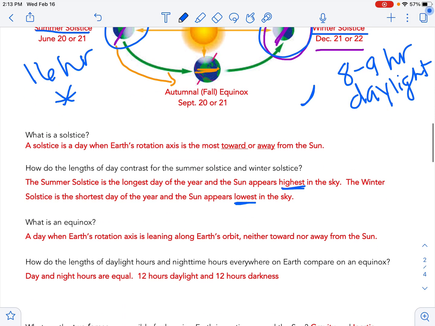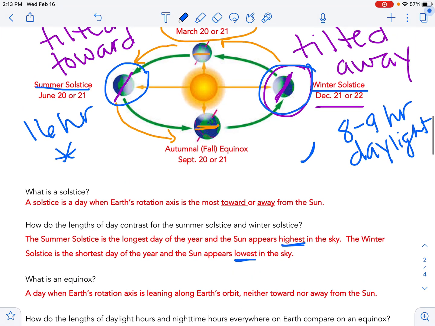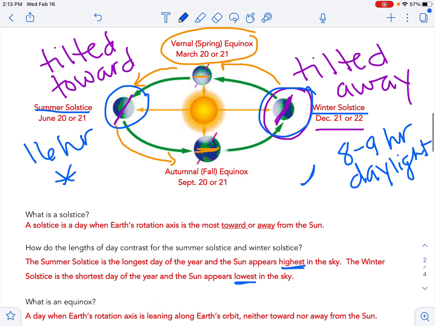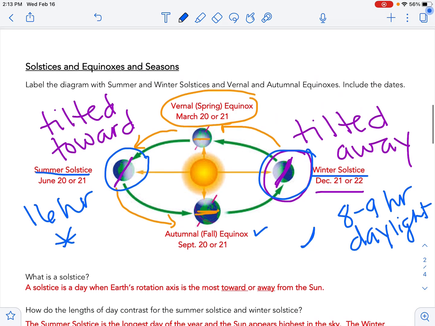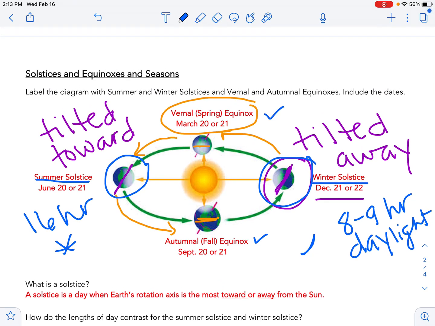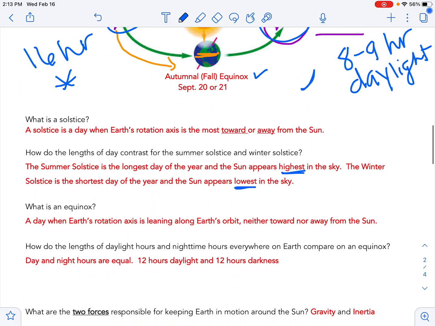So an equinox is a day when Earth's rotation axis is leaning along Earth's orbit, neither toward nor away. So we've got those right here, and right here. So how do the lengths of daylight hours and nighttime hours everywhere on Earth compare on an equinox? Well, they're equal.